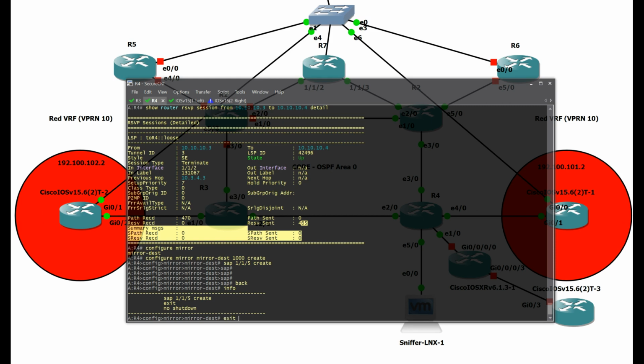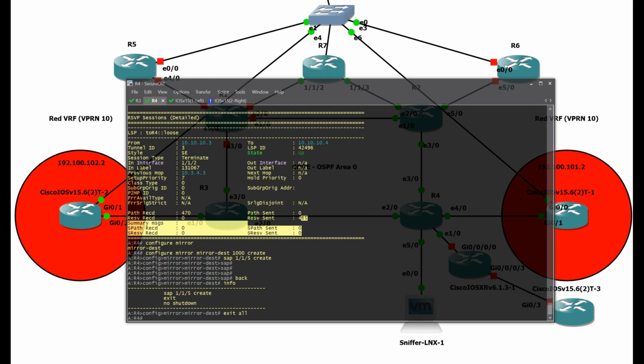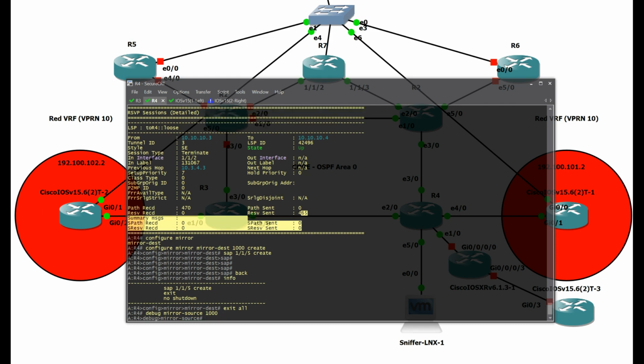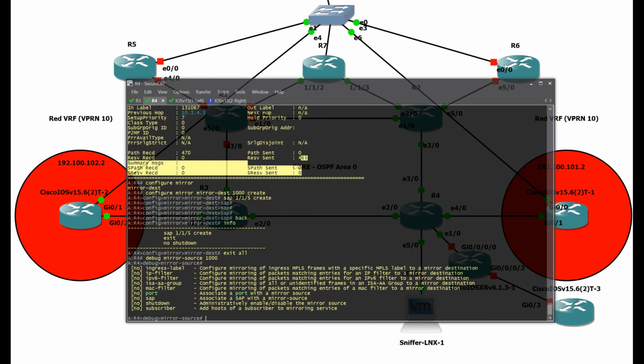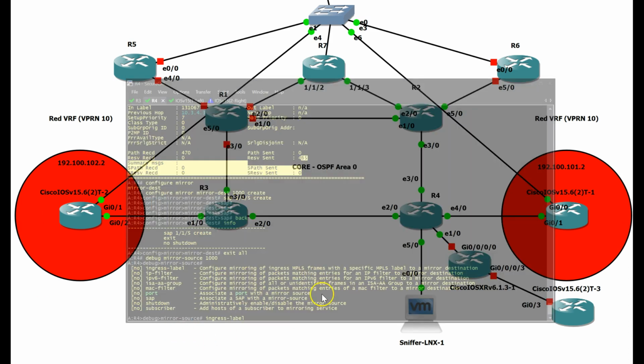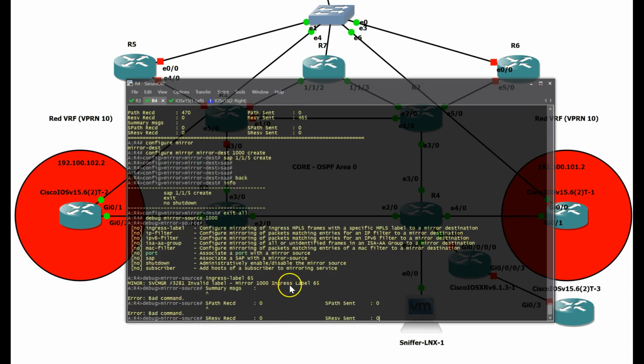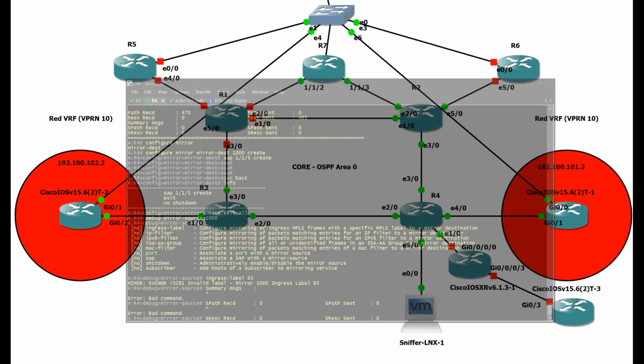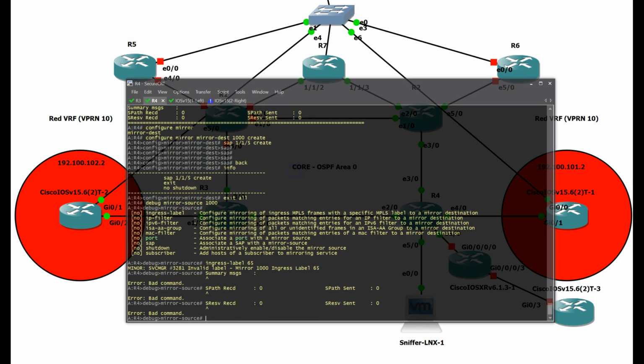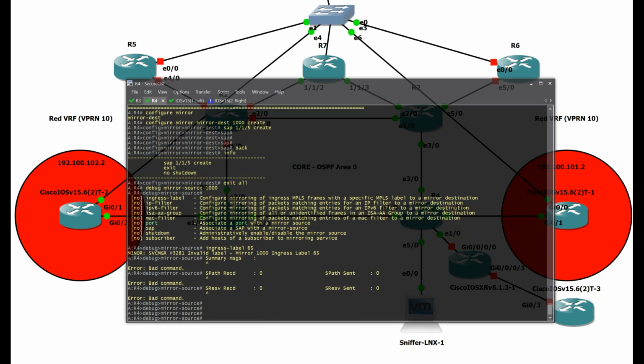Okay, so now we'll just make our debug, which is what is the source of this capture. So debug mirror source 1000, and we'll do ingress label, and we'll take the MPLS label that's being used to send the traffic here.